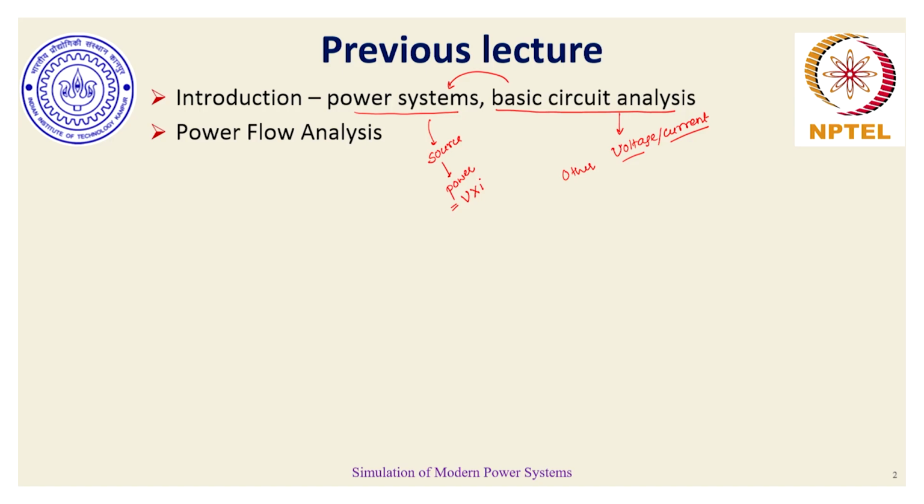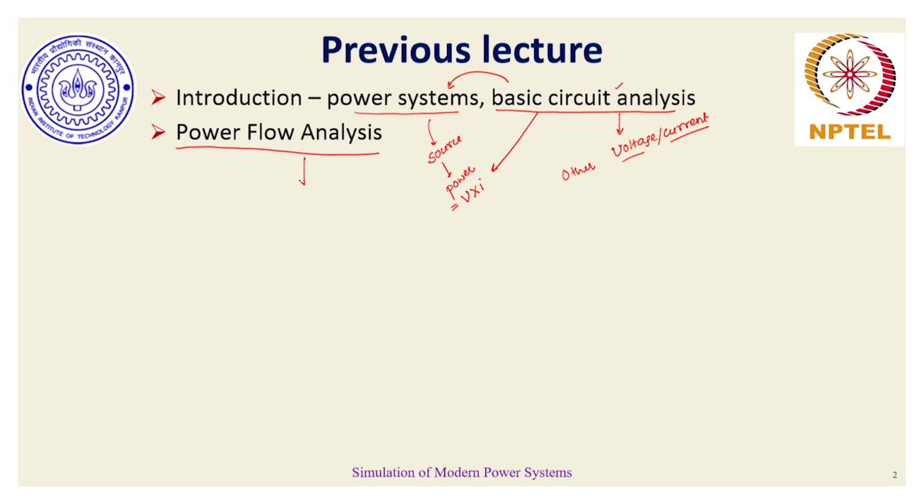As a result, the same circuit analysis principles applied on power would become nonlinear equations, and so the module on power flow analysis was discussed, which explained several techniques of solving power flow equations, which are analogous to circuit based equations for a given electric circuit.